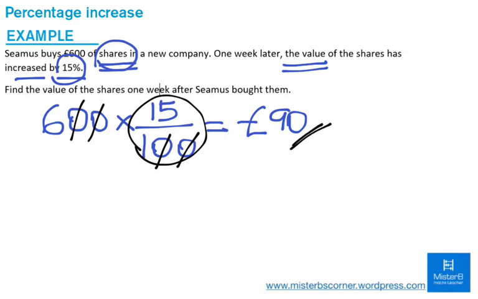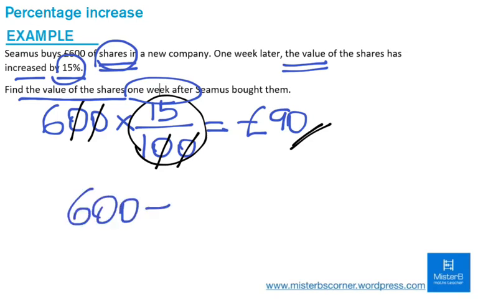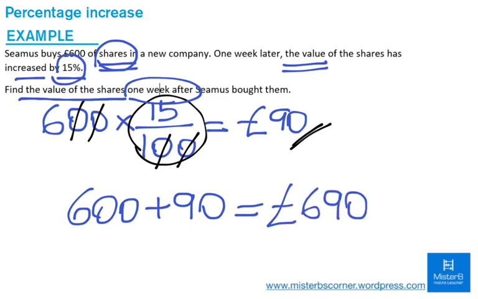So there's a 90 pound increase. It asks us the value of the shares 1 week after, meaning after there is a 15% increase, so I have to do addition. 600 plus 90. So his shares are now worth 690 pounds.